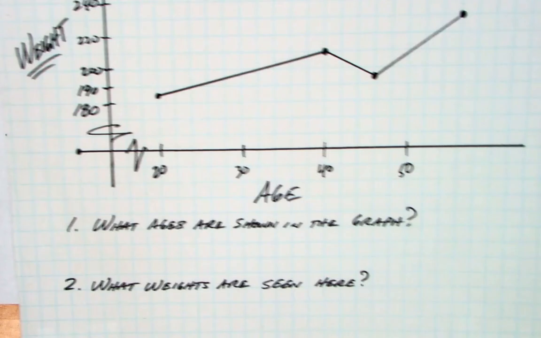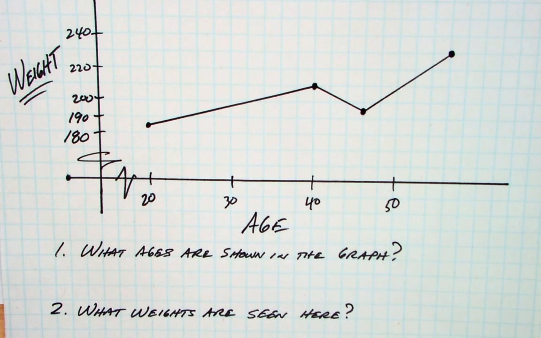So, we can take a look back at this from yesterday to review a couple things. Is that a function? Yes. It wouldn't make sense to say when I was 26 I weighed both 200 pounds and 400 pounds. Okay? It wouldn't be good.